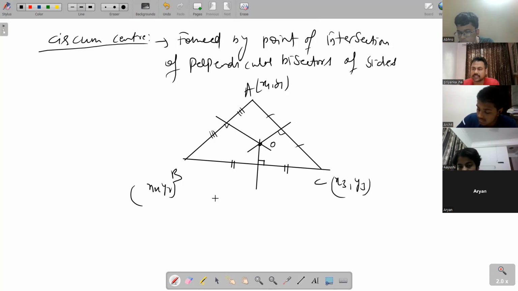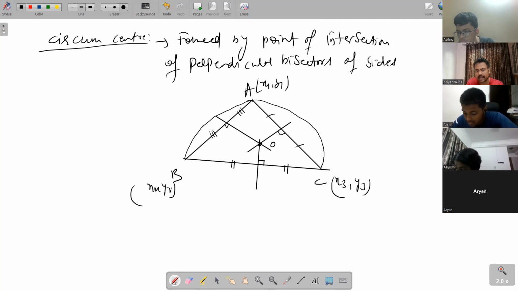See, circumcenter. So O is the circumcenter. It means that a circle will pass through the vertices of triangle. If O is the circumcenter of triangle ABC, so a circle will definitely pass through the vertices of triangle ABC. It means that ABC lies on the circumference of this circle.